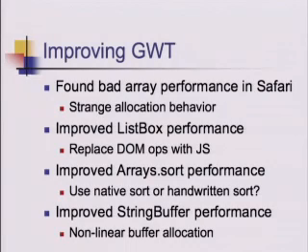Improving GWT. So this is what we've done with benchmarking to improve GWT, and hopefully it'll give you some ideas about how you can improve maybe your own libraries, your own code bases that you provide to other people. One of the things we found first was that there was terrible array performance in Safari.